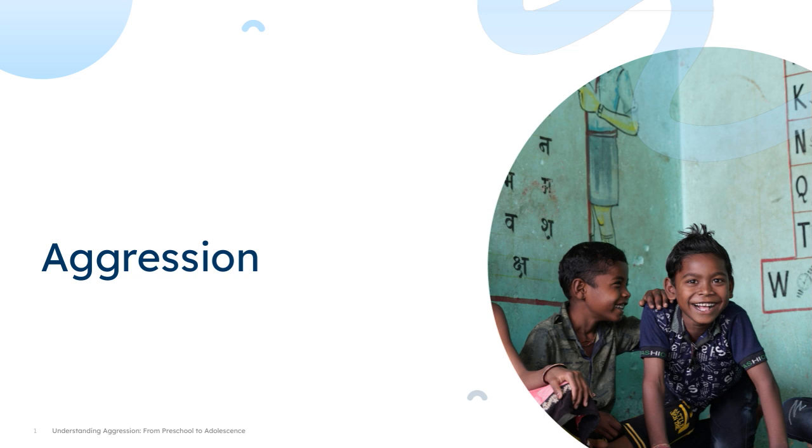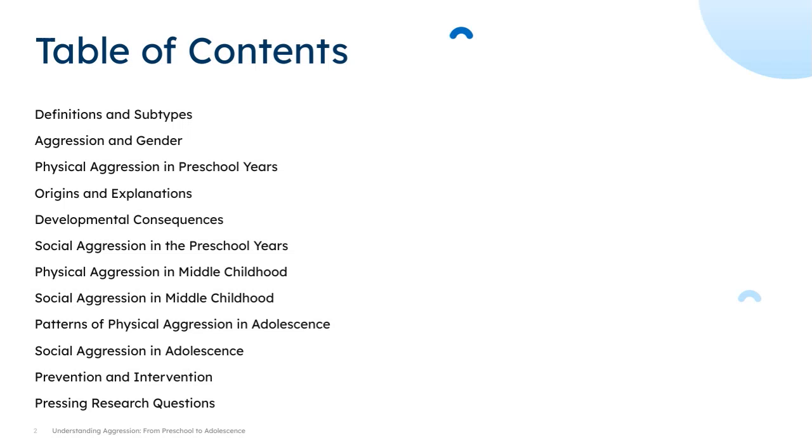Let's get started. In this presentation, we'll explore the topic of aggression across different stages of childhood and adolescence. We'll begin by defining aggression and its various subtypes, then look at how gender influences aggressive behavior. We'll examine physical aggression during the preschool years and its origins, followed by the developmental consequences that can arise.